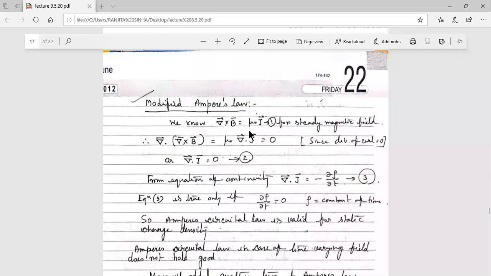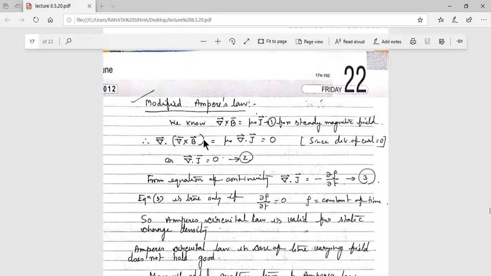Now we will modify Ampere's circuital law. How will we modify it, and what is the need for the modification? That we will discuss. Now curl of B equal to mu 0 J. If we take divergence on both sides, divergence of curl of B equals mu 0 into divergence of J. Divergence of any curl, as I discussed yesterday, is 0.